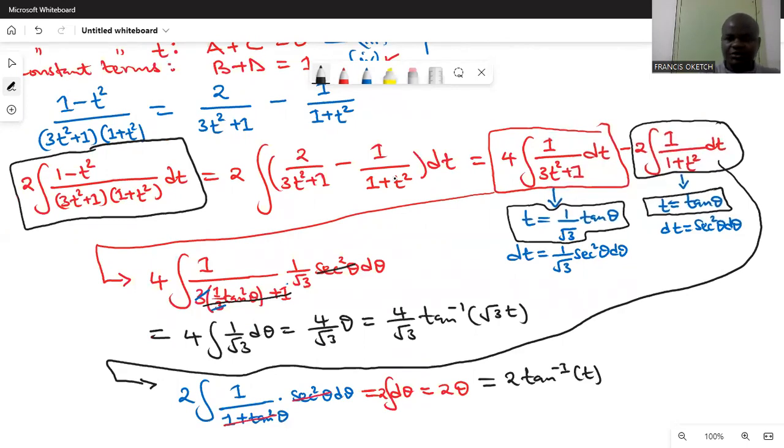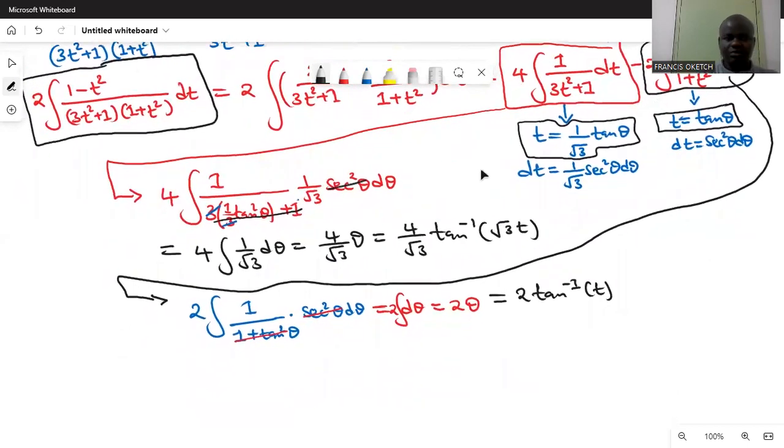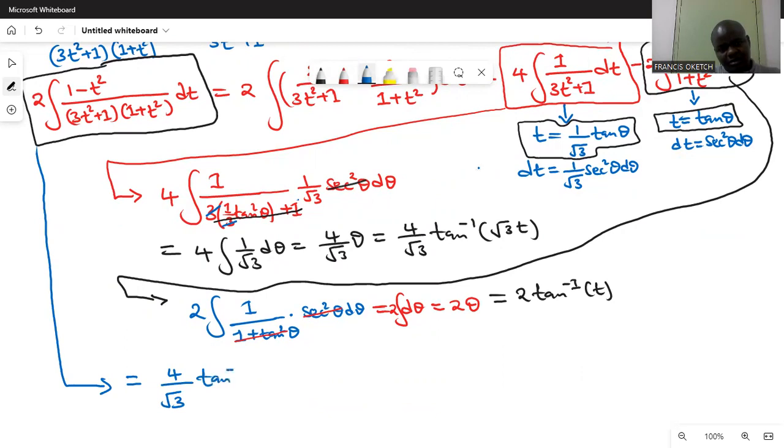So when we substitute back into the original integral, we are going to get the solution to be equal to, the first integral gave us 4 over root 3 tan inverse of root 3 times t.